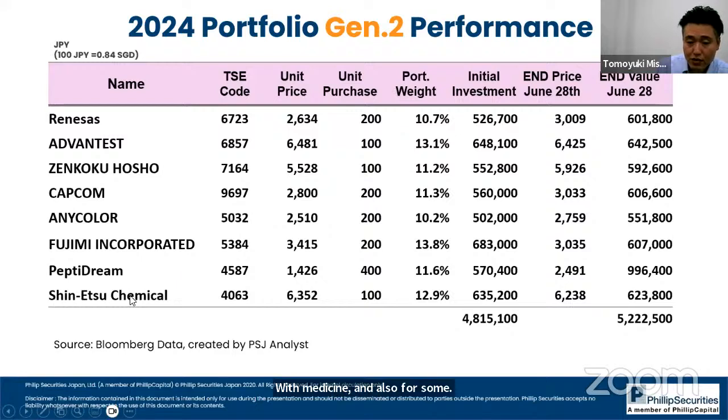And Shin-Etsu Chemical is the leading company of silicon ingots and silicon wafers, with chemical materials for silicon wafers. Their price, the end value, is totally good, almost a 7% increase in the total portfolio change.